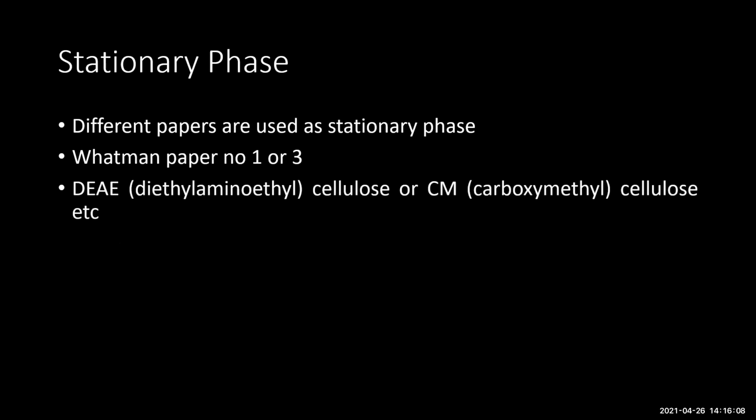Then we can also use diethylaminoethyl cellulose or carboxymethyl cellulose, etc. as our stationary phase. All these layers of either DEAE or CM are coated onto the paper, which forms the solid phase. The coated layer forms the stationary phase of the technique.